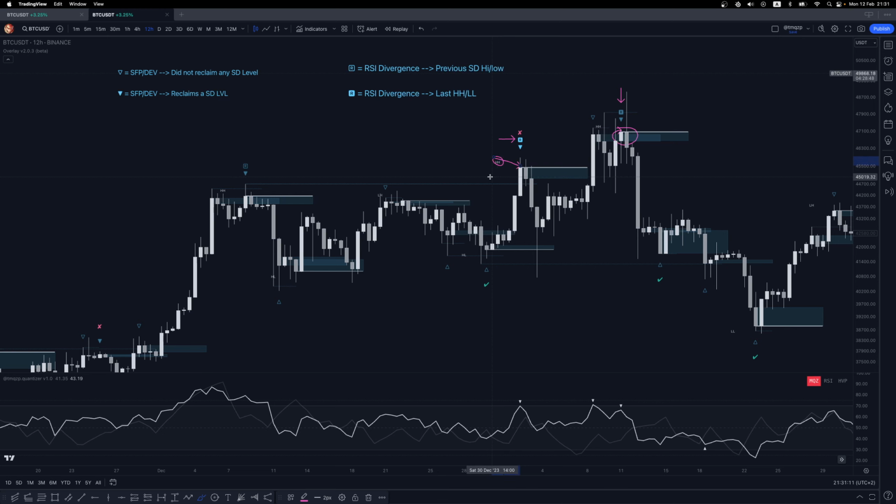There's divergence between these 2 points, not just this and this, because there's divergence here as well, but there's also divergence between this and this. So it's tracking 2 types of divergence.